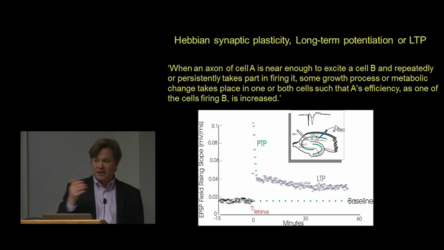So this is the first example of a long-term plastic change in the mammalian system that really followed Hebb's law, and it was taken as the prime candidate, and remains the prime candidate for middle term, hours, perhaps days learning. Primarily, it was in the hippocampus, which has for a long time been implicated in memory.